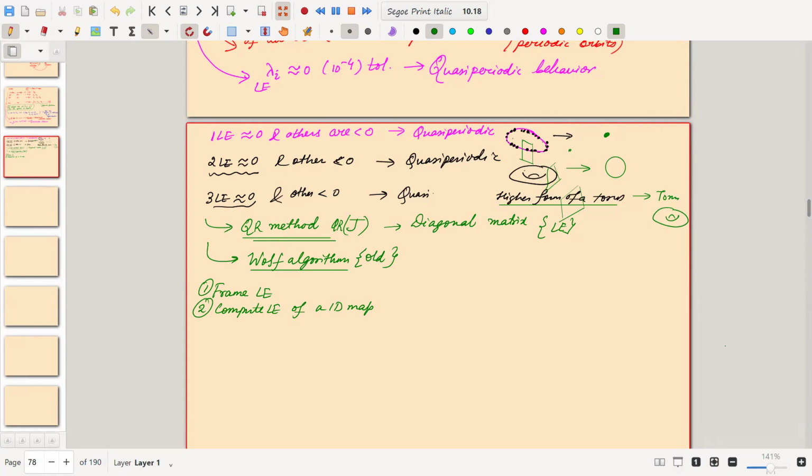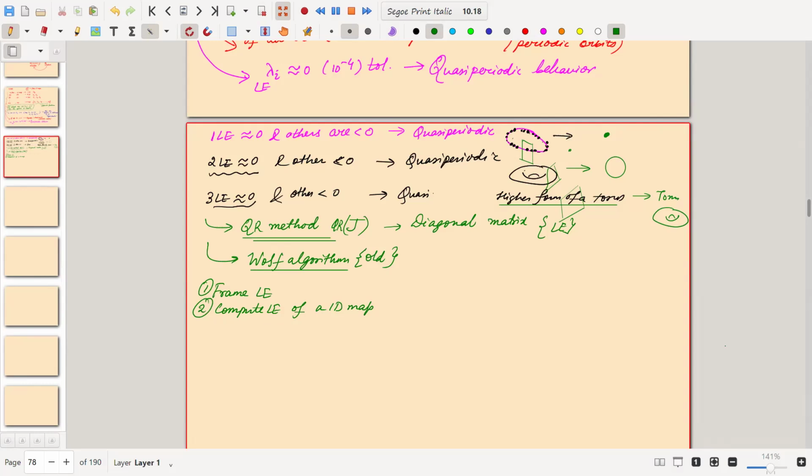Computing Lyapunov exponents is usually analytically challenging, so we always compute them numerically. Lyapunov exponents are computed for a long time series: the longer the time series, the more accurate your Lyapunov exponent is.